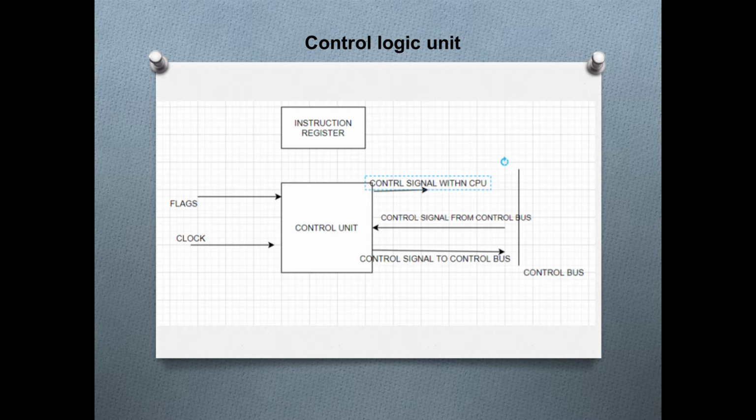So our next topic is the control logic system and the correlation between its performance and the type of control units used in module 3 of our COA syllabus. First of all, flags are required to determine the outcome of the preceding ALU operation and the exact status of the processor. Control signals come from the control bus.